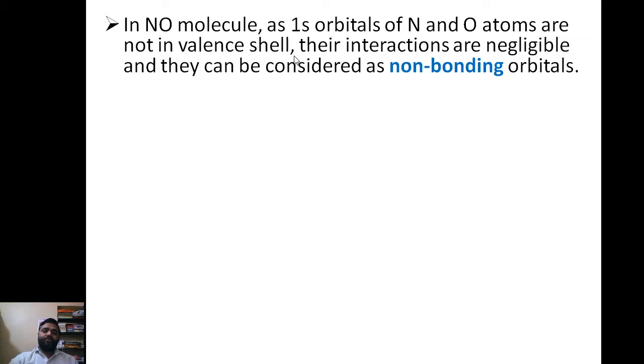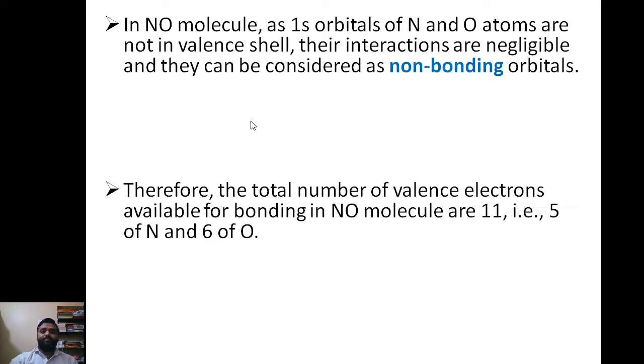They do not contribute in the molecular orbital energy level diagram or in reactions. Their interactions are negligible and they can be considered as non-bonding.